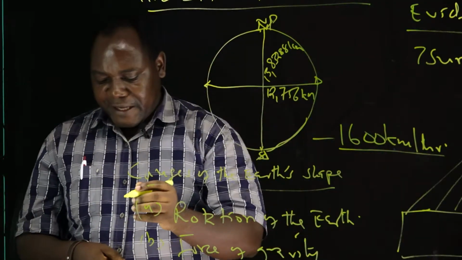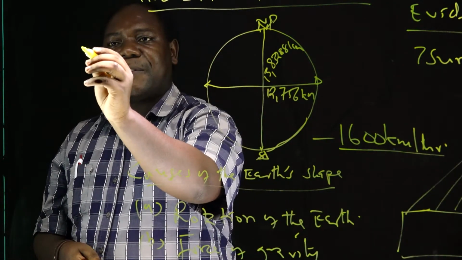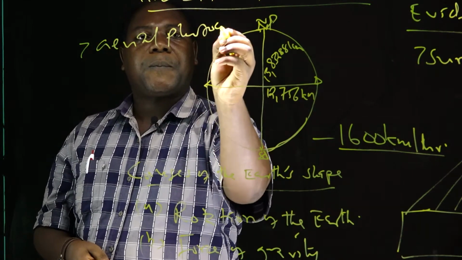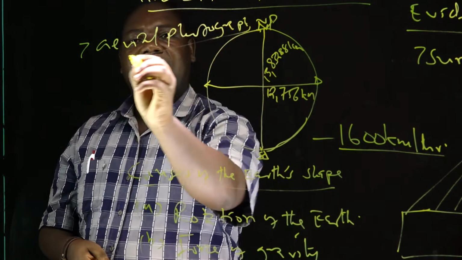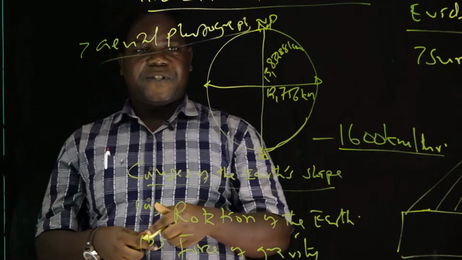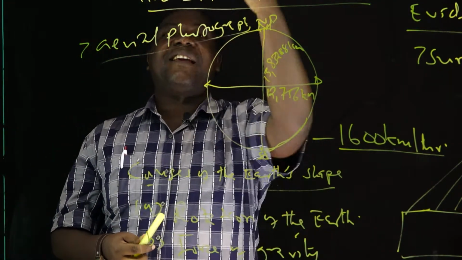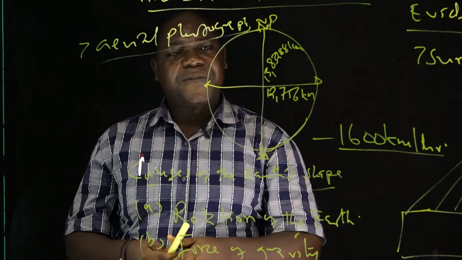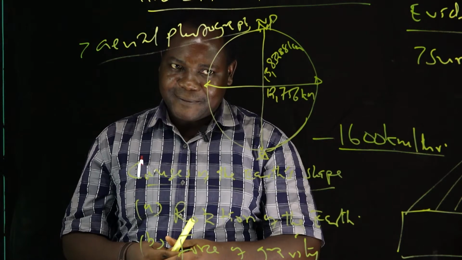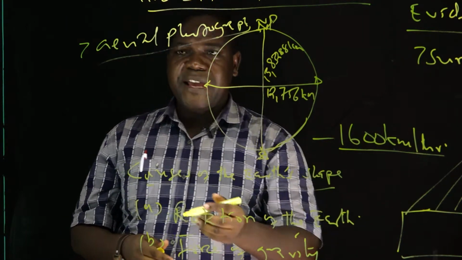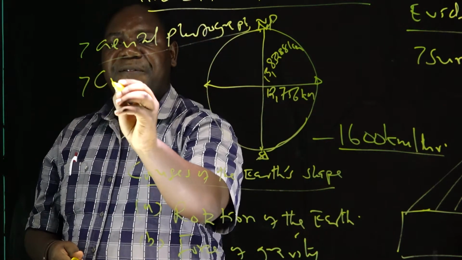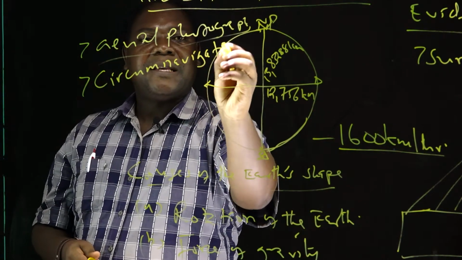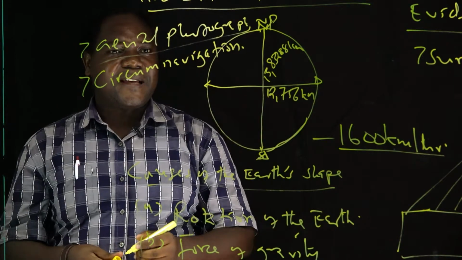The other evidence is aerial photograph. If a photo of the earth is taken aerially from a far distance, its shape appears spherical and not flat. The other one is circumnavigation. Circum means a circle.